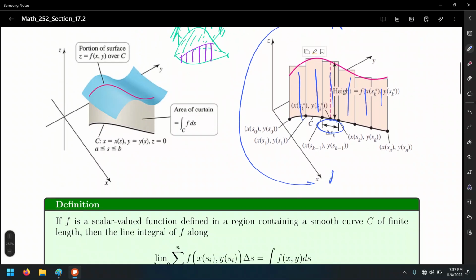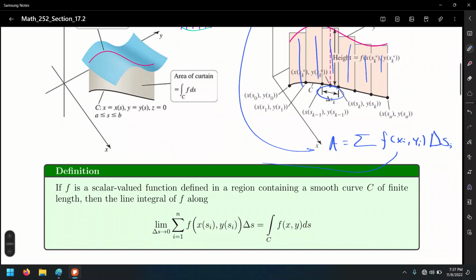So if we add infinitely many of this f of x, y delta s of i, that's really adding infinitely many of these. It's going to give us the integral that we define above.